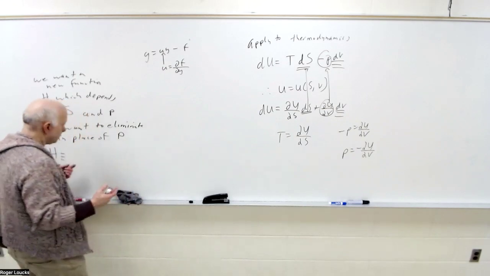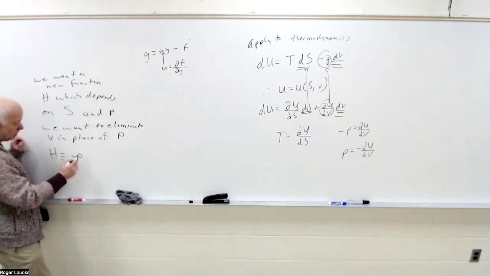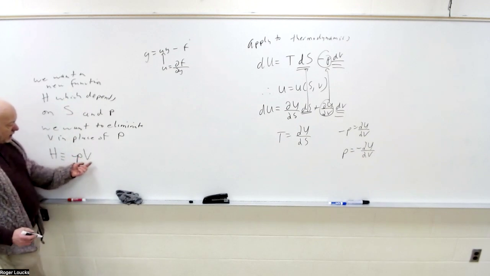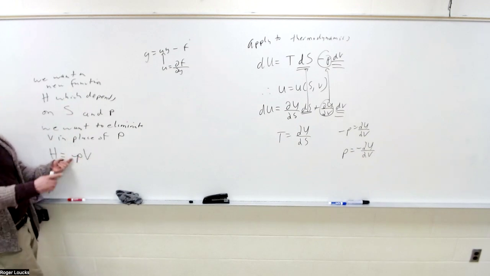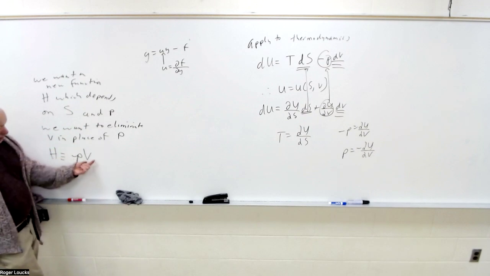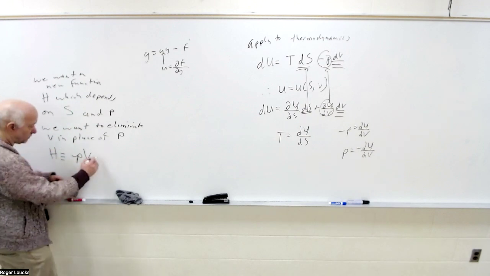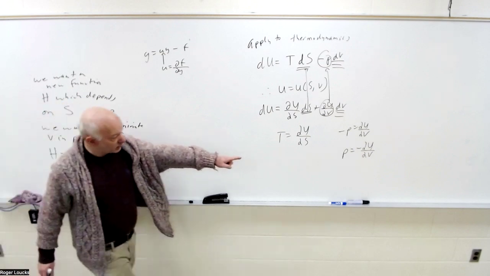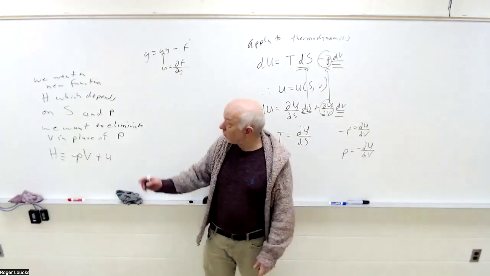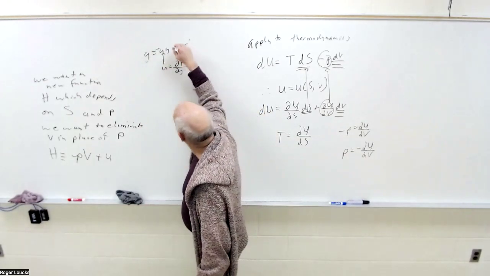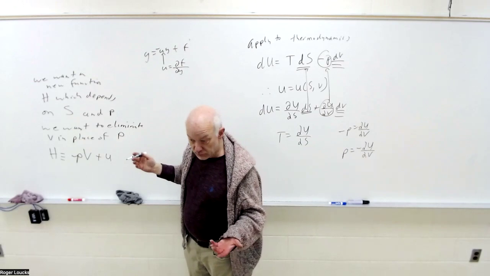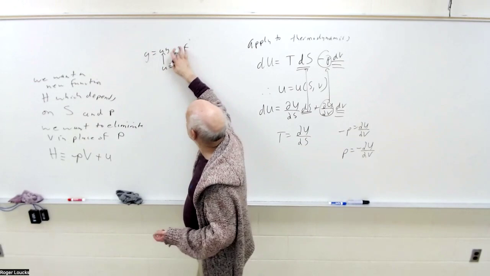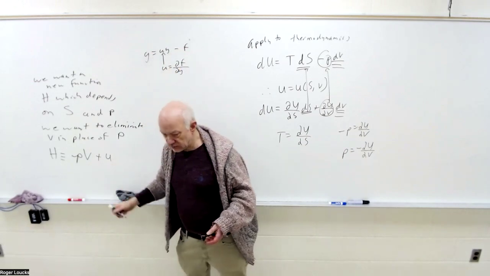I want P. Then what variable do we want to get rid of? V. And then what do I have to do? This intrinsically has a minus sign from over there. So instead of having a minus U, I'm going to have a plus U here, because that minus sign has been built in because of this stupid minus sign over here. So up here, I could just as well put a minus sign here, maybe there's a plus, and get the same answer. Modulo signs, it would be this independence here. Does that make sense?